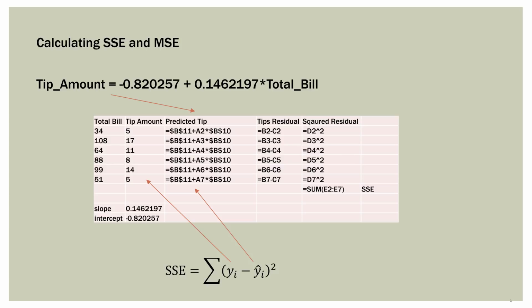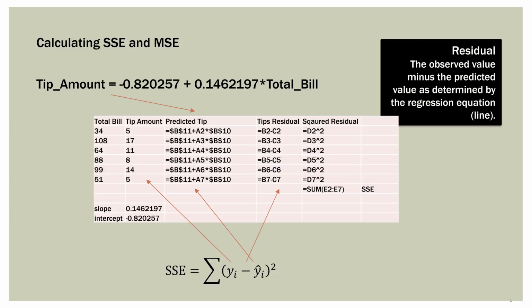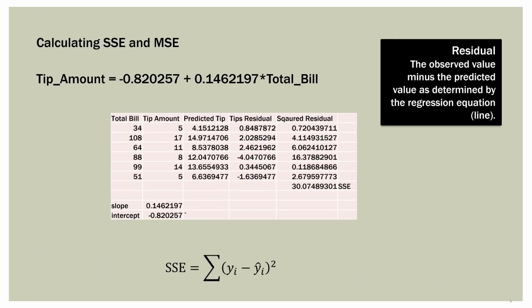Okay, that's basic regression. Then we subtract the two, that's our residual: the observed value minus the predicted value determined by that regression equation on that line. Simple subtraction. Then we square it, and then we add them up. Tip amount minus predicted tip, square it, sum them up, and that's SSE. Okay, so this is what we get when we actually do it in Excel.